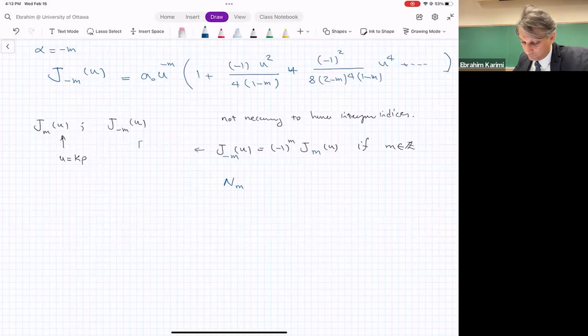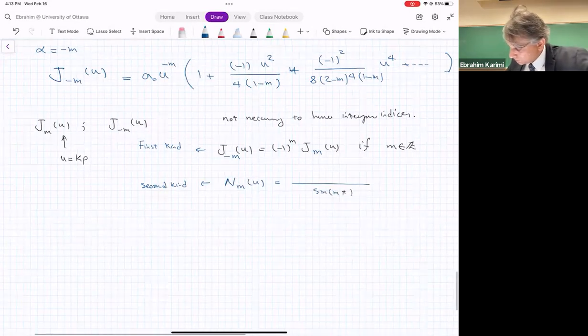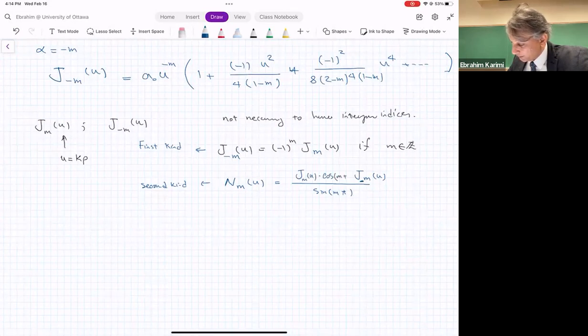This is the Bessel function of the first kind, and this is the Bessel function of the second kind, which is essentially given by, if I remember well, sine of m pi, and that was a linear combination of J minus m of u and Jm of u, with a coefficient in front, cosine of m pi.